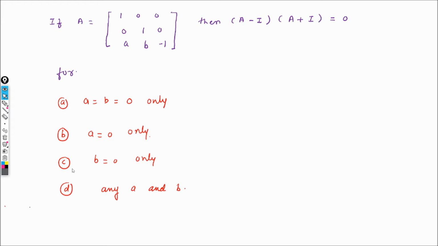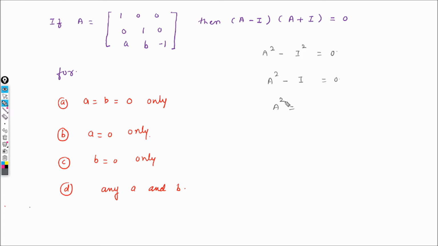So let us consider one more question here. What is given here? This is matrix A and this is the given condition here. A minus I into A plus I is equal to 0. That means this can be written as A square minus I square is equal to 0. That is A square minus I square means I is equal to 0.